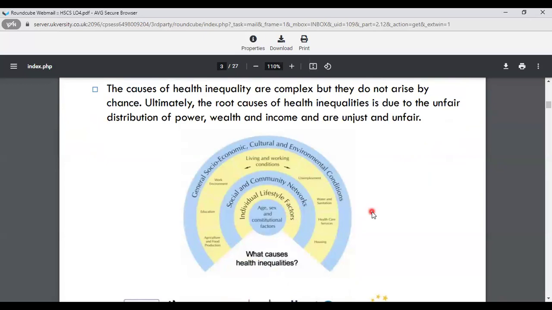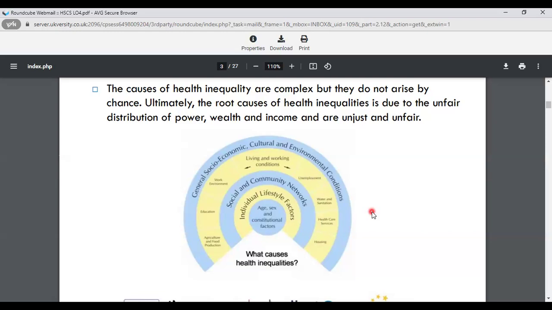If you're struggling, if you're from a low socioeconomic status, you might not be able to live in certain places. Within a country like the UK, for instance, we know that it's very expensive living in London.